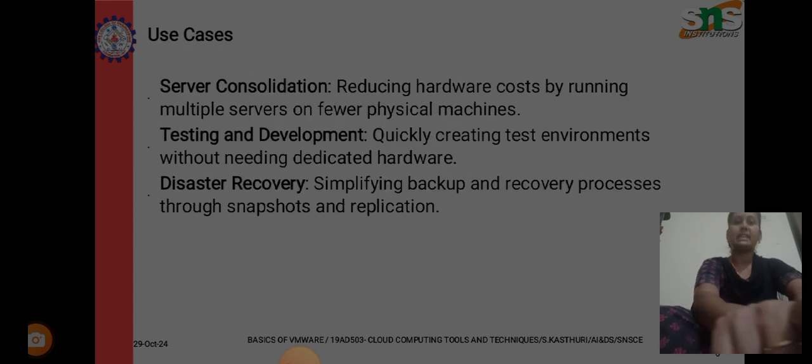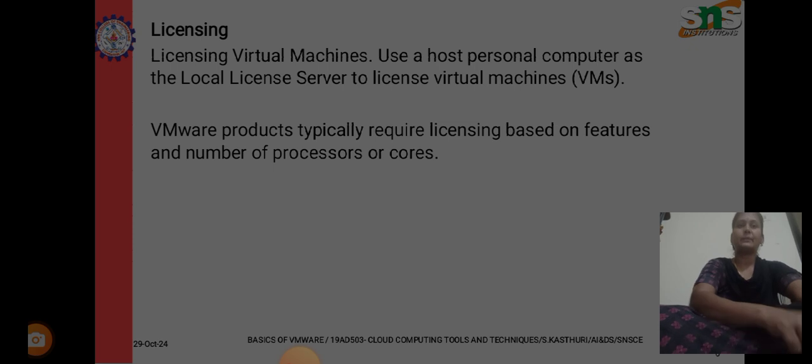Next is VMware licensing. VMware products are licensed based on various models such as per processor, per user, or per instance. VMware offers different levels of features depending on the product edition.